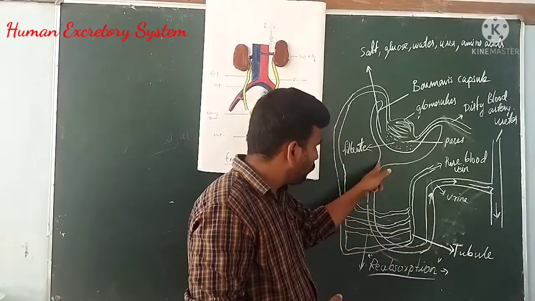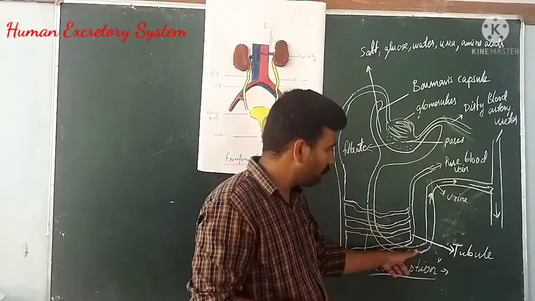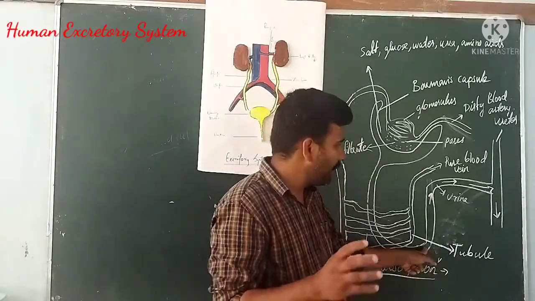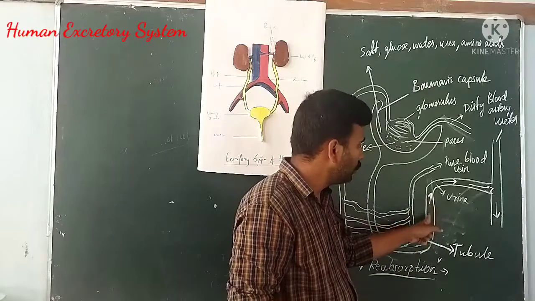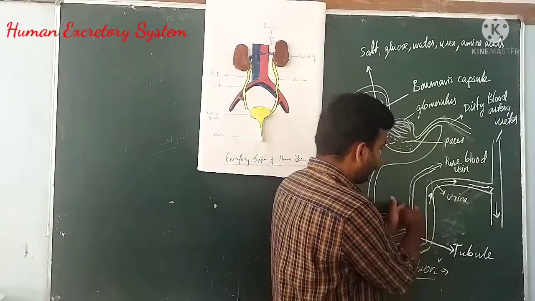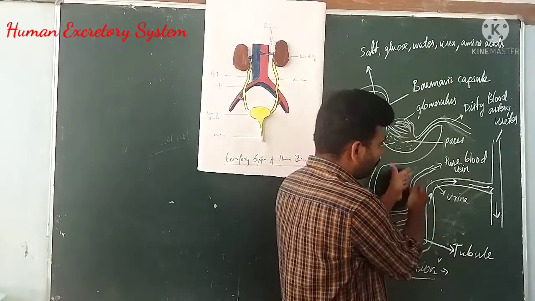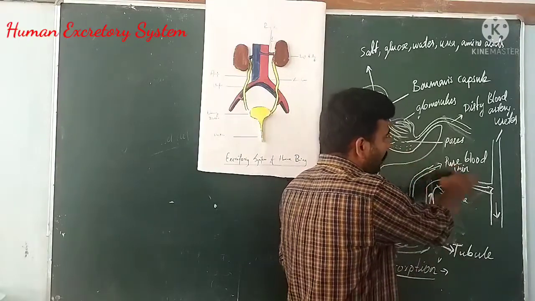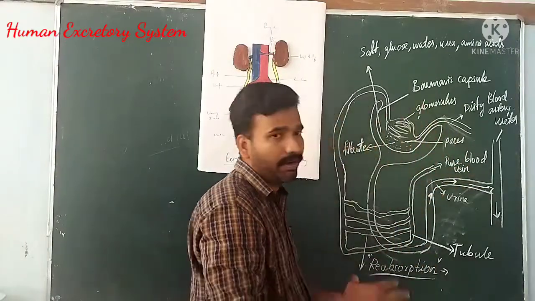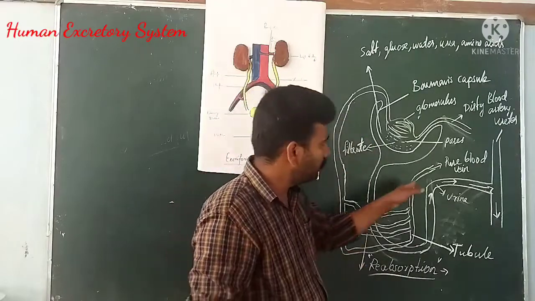As the filtrate passes through this tubule, the reabsorption of essential nutrients happens, and the filtrate that contains only the urine will move upward. The essential materials get collected through these minute capillaries, which later form the renal vein. The renal vein connects to the inferior vena cava, and the inferior vena cava passes this pure blood to the heart, and the heart will pump it to all of the body.